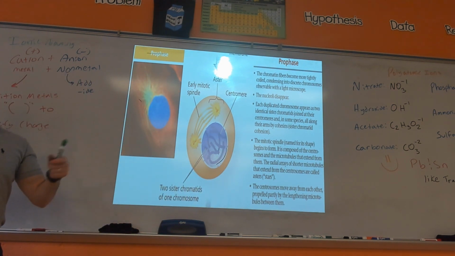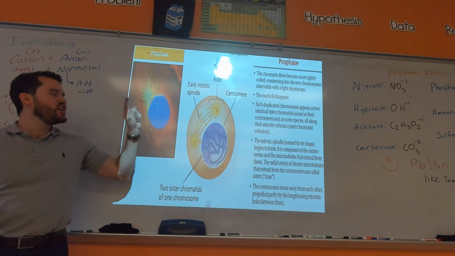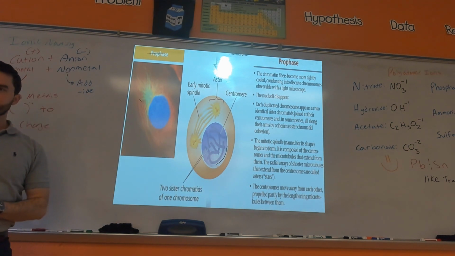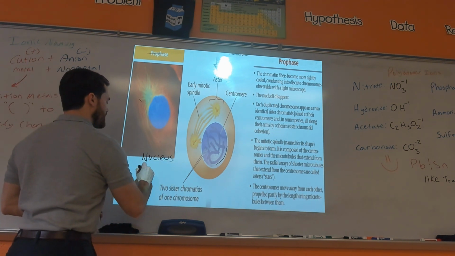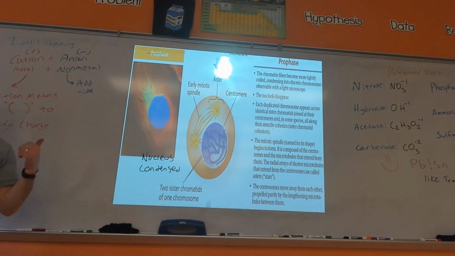How do you know a cell's in prophase? If I show you the cell, you see the chromosomes condensed, and you see the nucleus. If you remember those two things, you'll know it's in prophase.